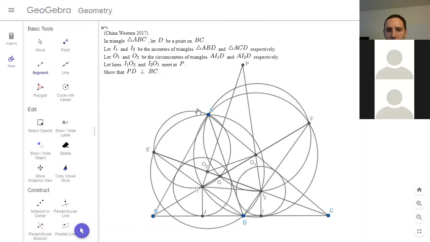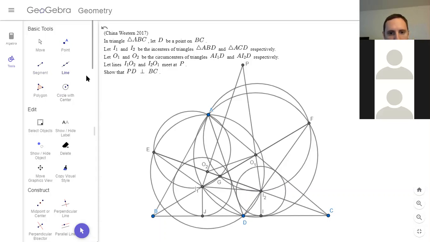So O1O2 is perpendicular to AD, and we want to show that PD is perpendicular to BC. So one way is to show that angle PDA is the angle that O1O2 makes with BC.